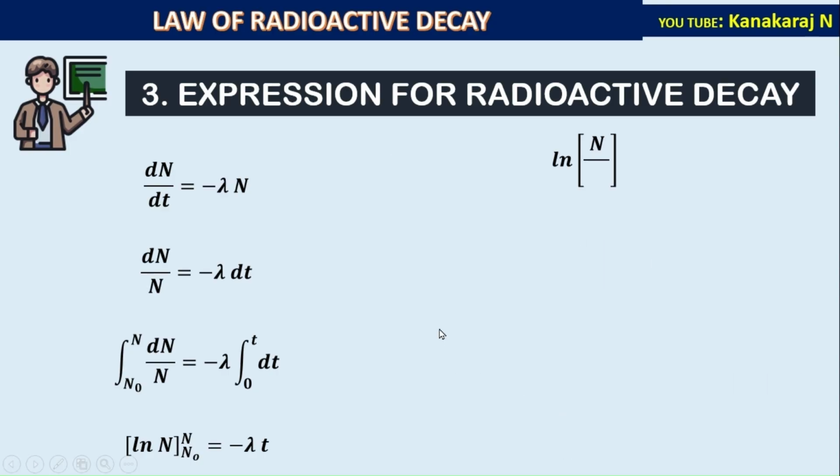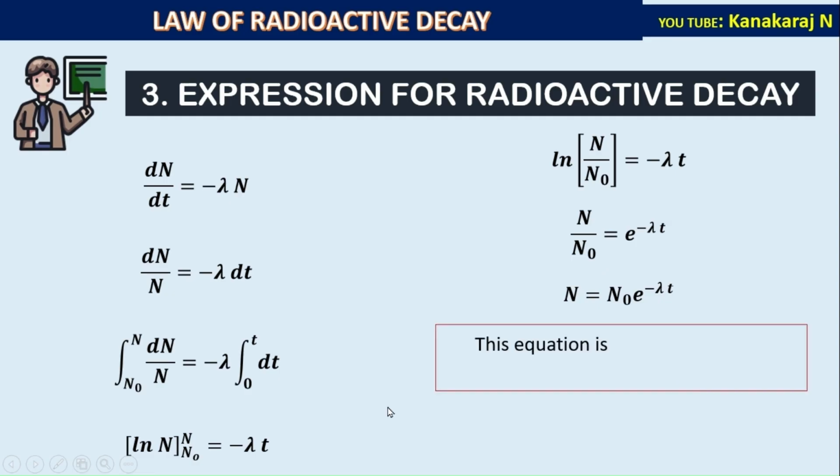On substituting the limits, we get log N upon N0 equals minus lambda t. Taking the exponent on either side, we get N upon N0 equals e power minus lambda t. So the equation is N equals N0 e power minus lambda t. This equation is called the law of radioactive decay.